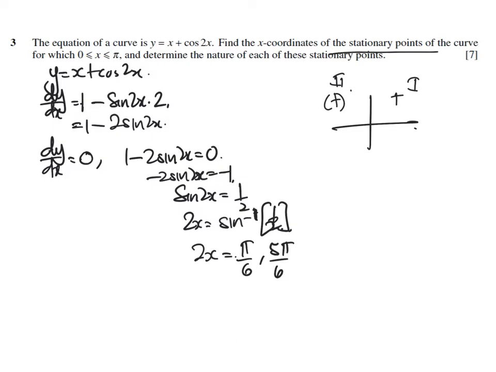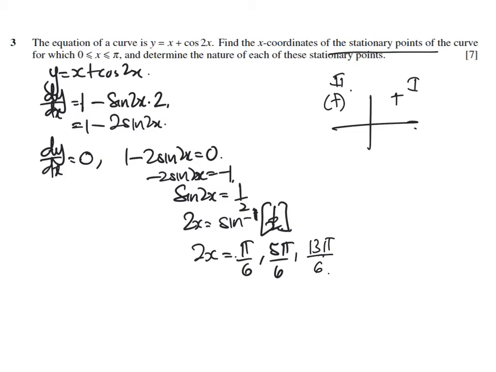The third and fourth quadrants are negative, and when you go back to the first quadrant again, that's plus 2 pi, which gives 2 pi plus pi over 6, which is 13 pi over 6.